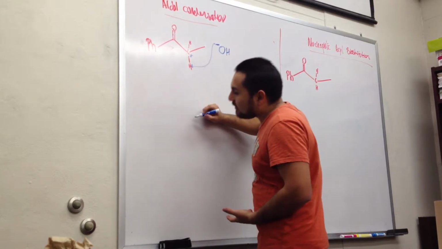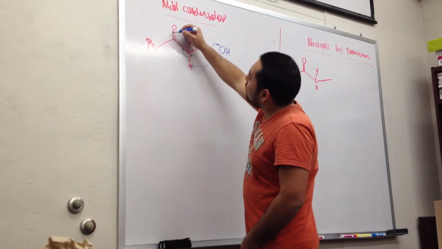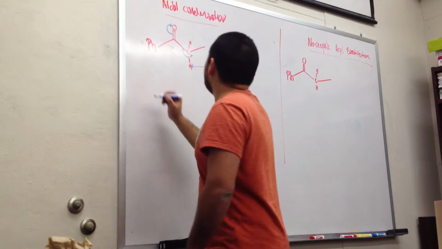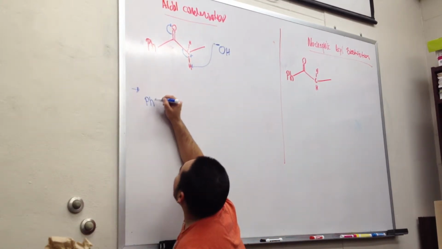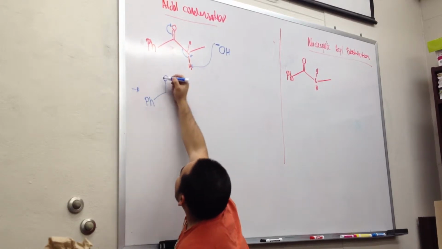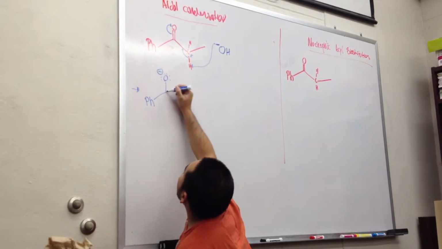We'll abstract them. These electrons will go here, and they will kick these other electrons up here, and this will yield a structure like this. Will yield my phenyl group, an oxygen, and now that oxygen's got an extra pair of electrons there, so now it will be negatively charged.